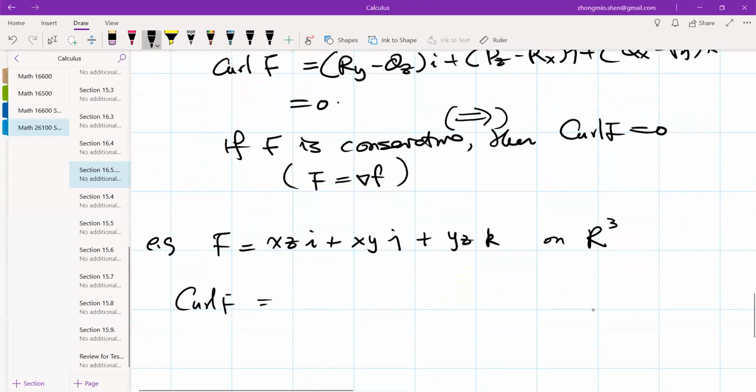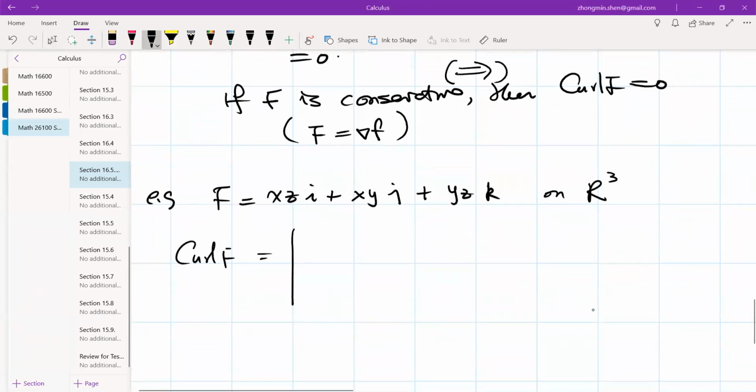So what I'm going to do is use the formal definition. That's easy to memorize. Here we have xz, xy, and yz. Let's try to do the calculation.